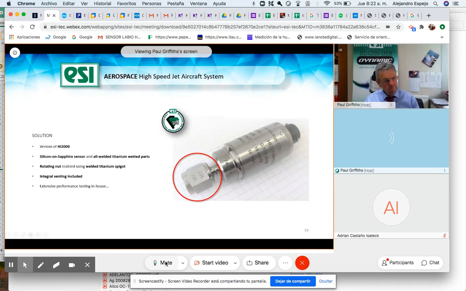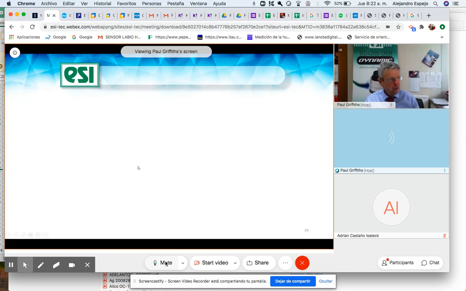So the housing has a special filter which allows air to pass in both directions, but it does not allow liquids, only air. So that's quite an interesting product.